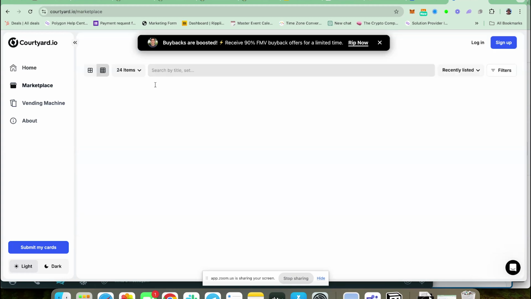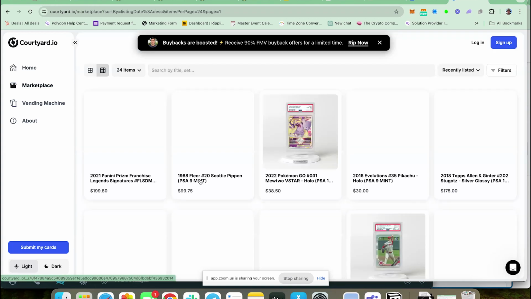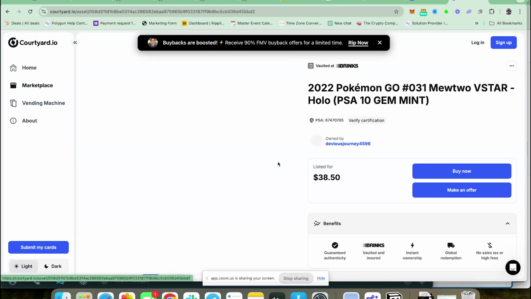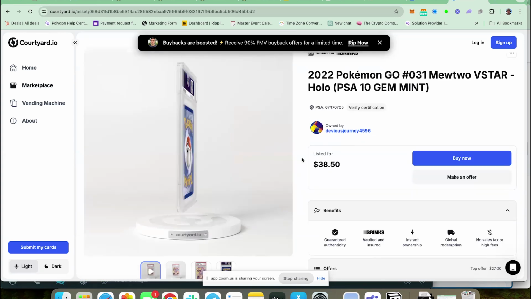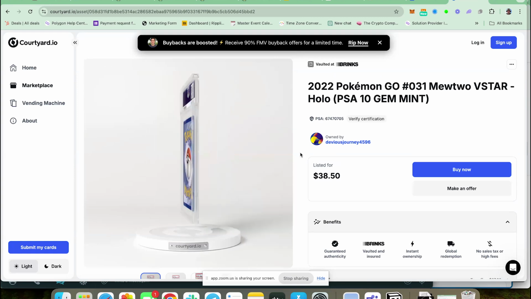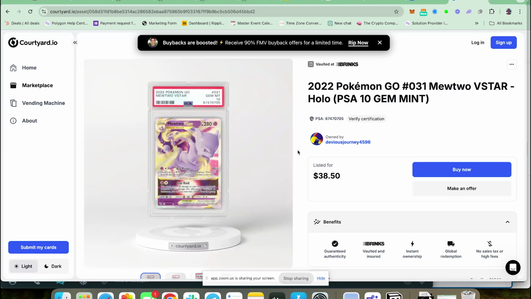So here, I could buy, for instance, this Pokemon Go Mewtwo V-Star. The value is 38.5 and so on. And the cool thing is that the person that has sent and vaulted the Pokemon card shares the revenue that the trading generates through Courtyard.